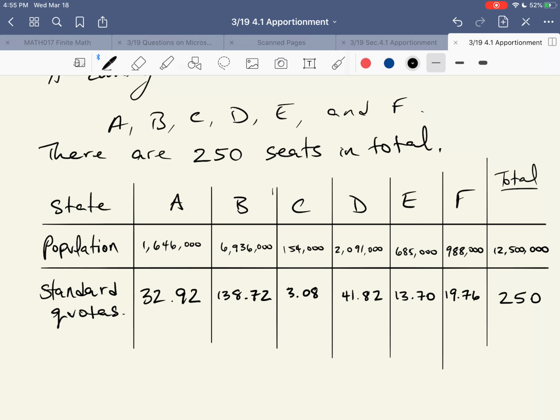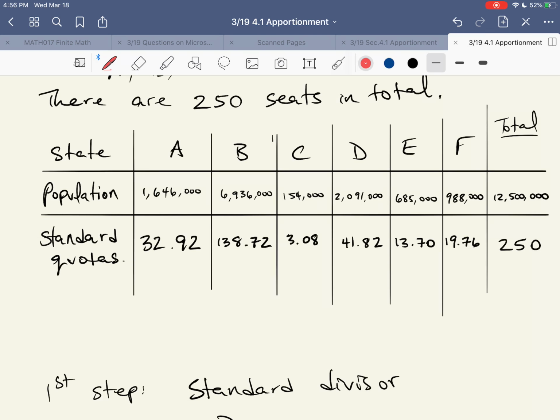So how are we going to give everybody a whole number? Seems like the obvious answer is to just round every number, right? So let's see what happens when we just round every number. Well, we could round state A's number to 33. It's definitely pretty close to 33.